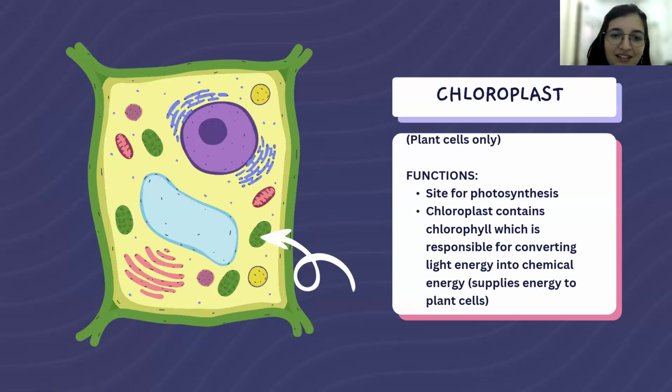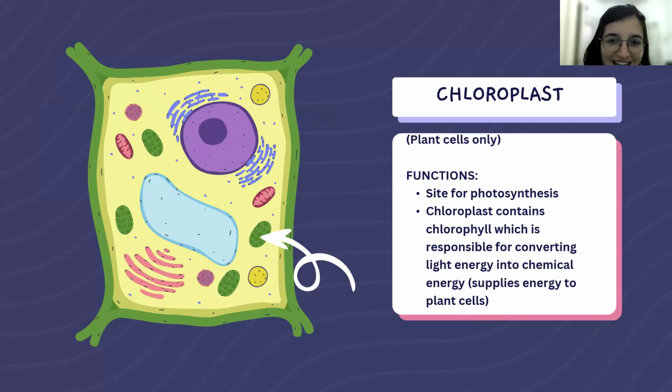Okay, there is something special about the plant cell. You see plants are green, right? It's because they have something inside the cell called the chloroplast. And this chloroplast is only in plant cells. You won't find it in animal or human cells. The chloroplast is what makes plants so special, that plants can make food just by absorbing sunlight.